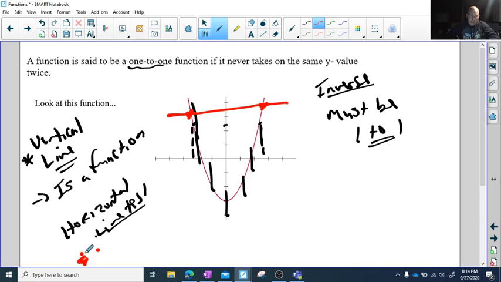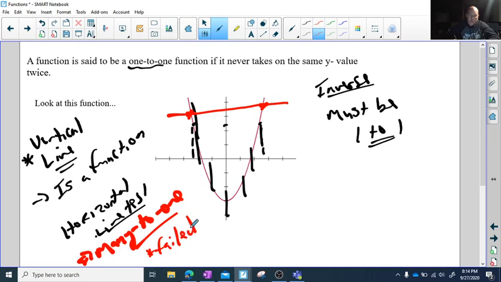So this is an example of what they call a many-to-one function. It's not 1 to 1 because it failed the horizontal line test. All right, so the horizontal line test checks to see if a function has an inverse, and if it's 1 to 1.